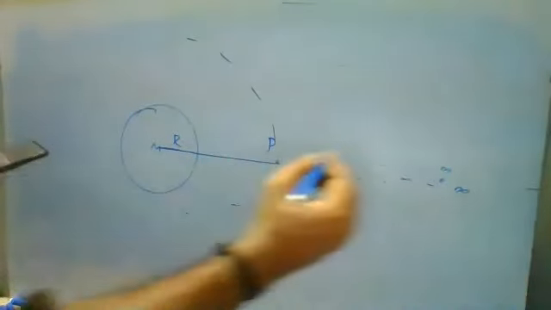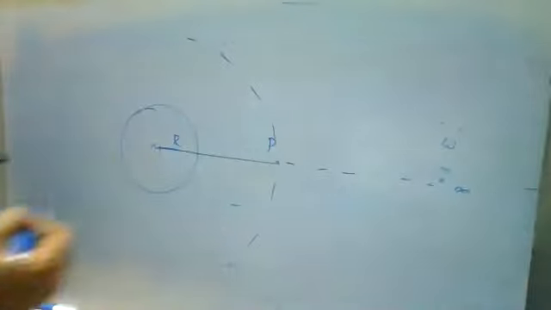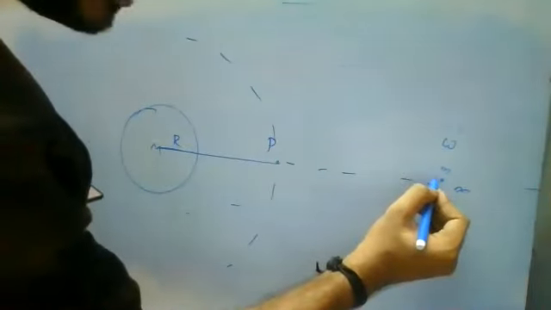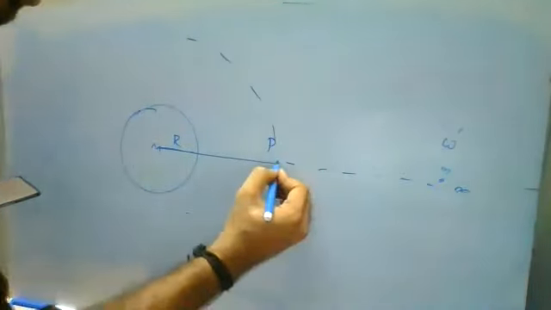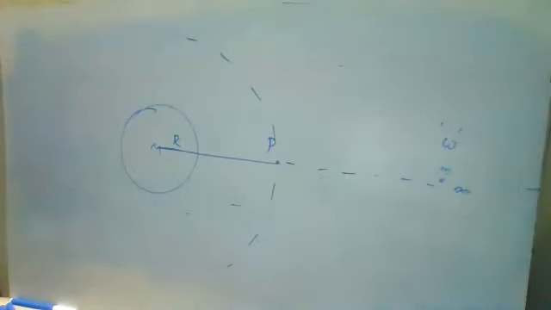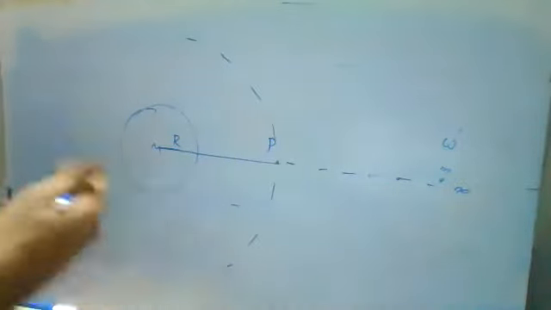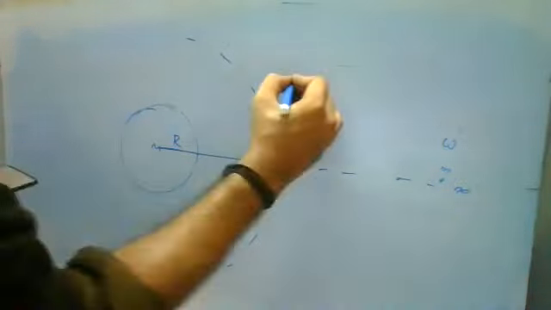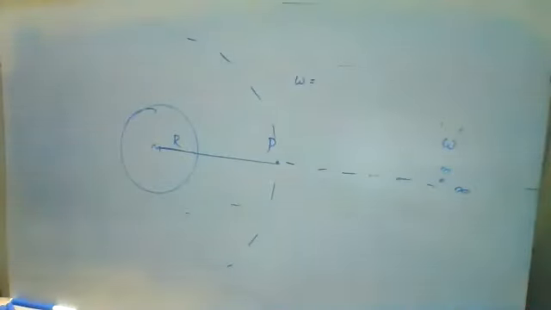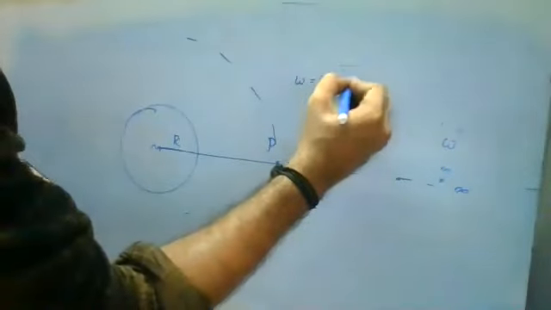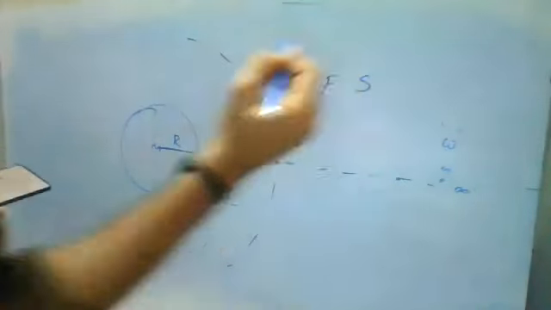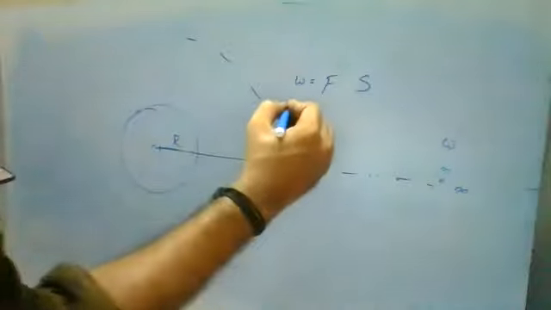Now I am doing some work, shifting this mass from one point, the infinite location, to the point P. When we shift step by step, there is a continuous variation, so in work, power and energy there will be a variable force. W is equal to F into S is for a constant force.